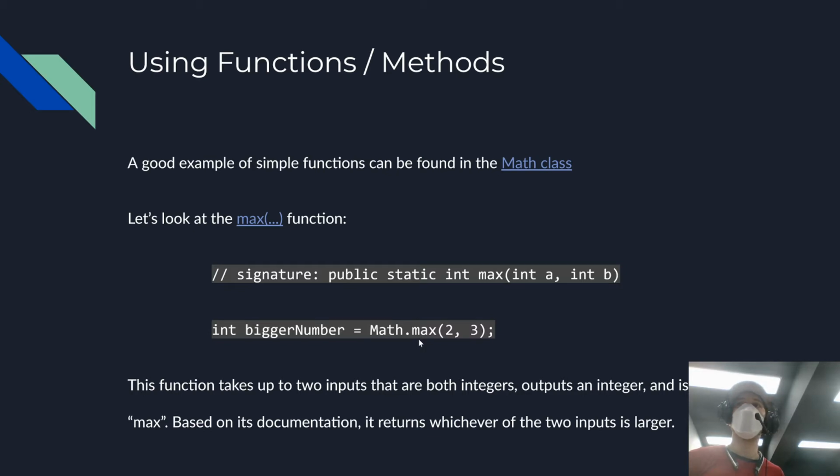Now, the max function specifically takes in two integers, and whichever one is bigger is the one it's going to output. Okay? So which of these will it output? Yes, 3. So because 3 is the output, this math.max gets replaced with 3.